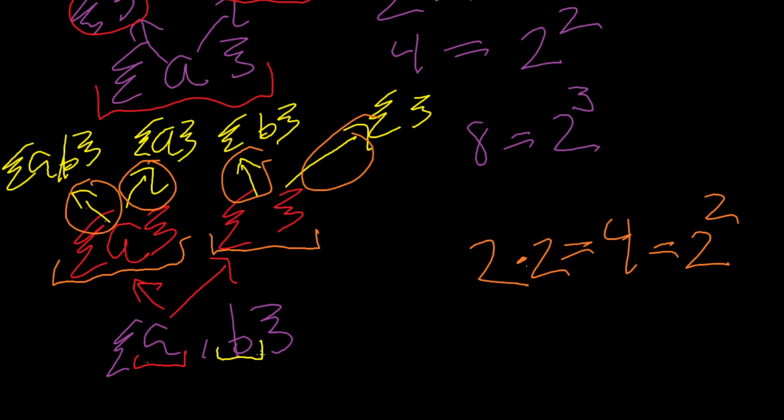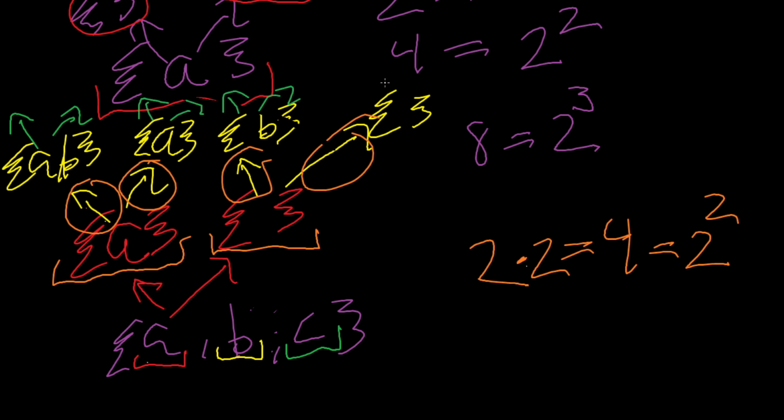Because if we introduced a C to this set, then all of these scenarios would need to be branched out twice again, and hence we would be required to multiply this 4 by 2 again and end up with 8, or 2 to the power of 3.